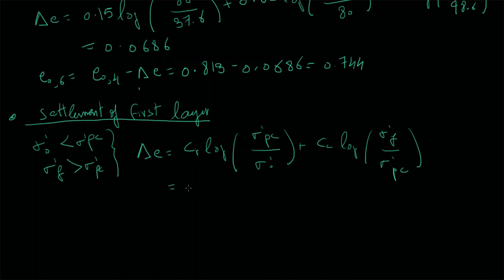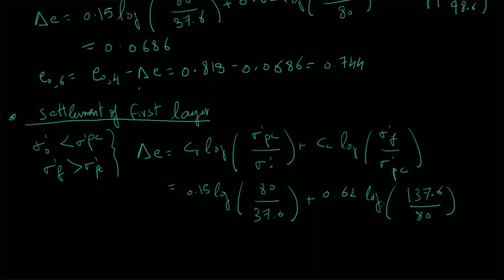So CR is 0.15 log 80 over 37.6 plus 0.62 log 137.6 over 80.